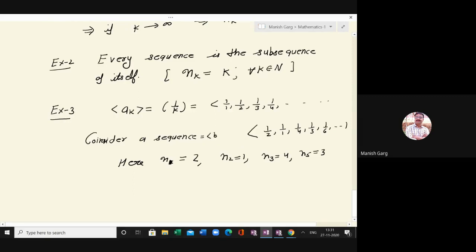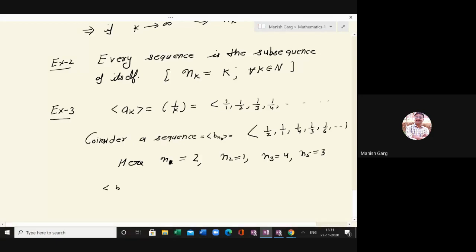Suppose you have Bnk. This is written in this way. So in Bnk, the index is changing. So 1 upon nk is this. So nk here is 2, then 1, then 4, then 3. Is it a subsequence? No, because n1, n2, n3, n4 should be in increasing order.